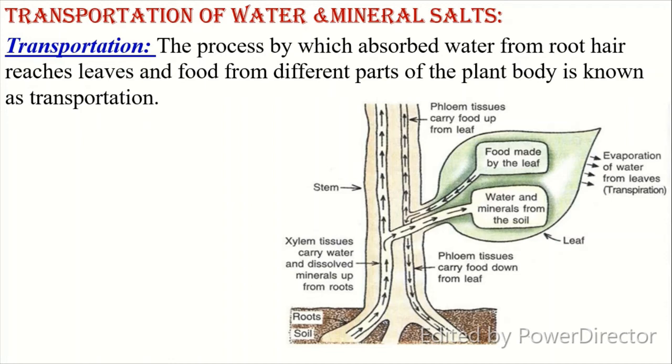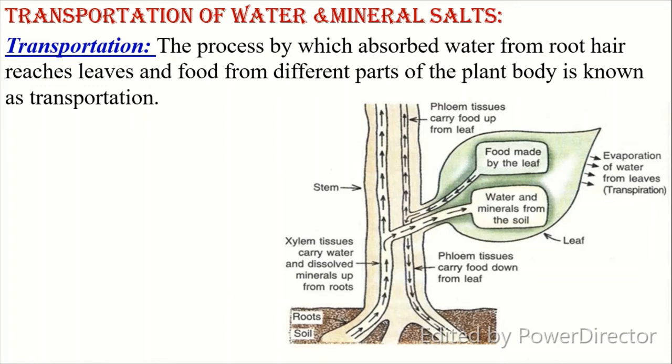Now, the matter to consider is that the water and mineral substances that are to be used must be taken to the place where the reaction will occur. That is why transportation of water and mineral salt is very important.